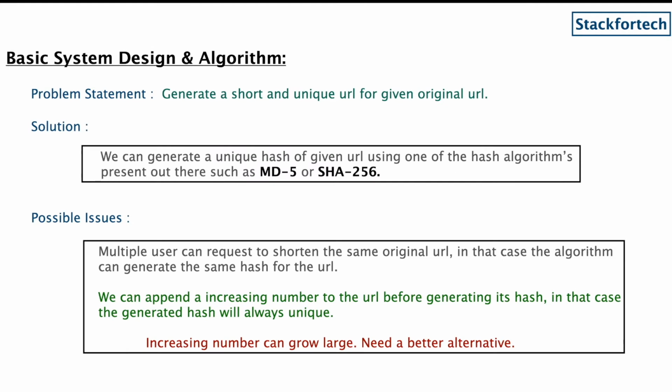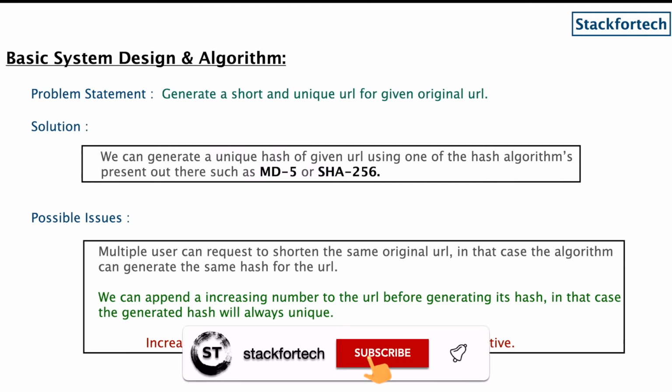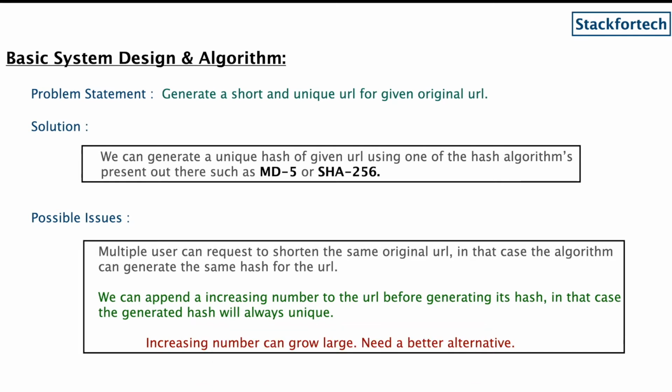Now let us look into some basic system design and the algorithm which will be used in this application, right? Our problem statement is that we have to generate a shorter and unique URL for a given original URL, right? And that URL can be of any length. So what we can do is make use of the plenty of hashing algorithms which are out there. Some of them are MD5, SHA-256, Murmur3, then Adler32.